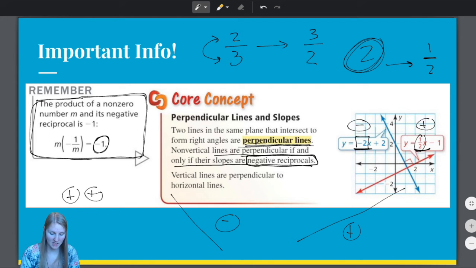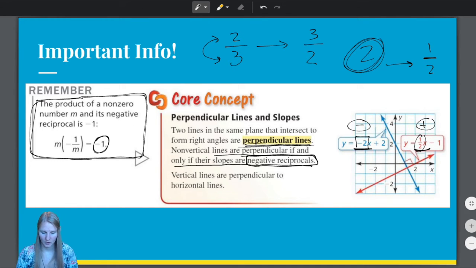But with perpendicular, I need one to be positive, the other to be negative, so that we have them cross at that perfect right angle. Okay, so reciprocals, one is positive, one is negative. Negative reciprocals.